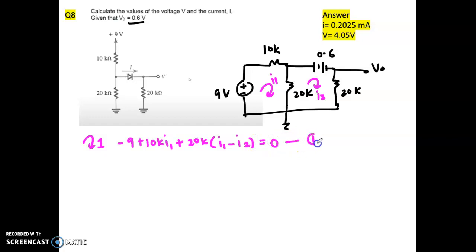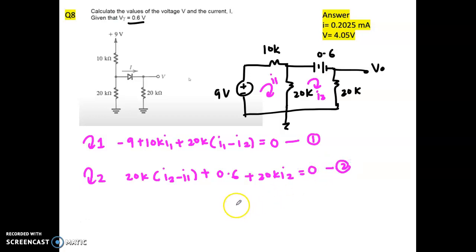So this will be equation number 1. Loop number 2: 20K (I2 minus I1) plus 0.6, plus because the diode is on, right? Plus 20K I2 equal to 0. So this will be equation number 2.